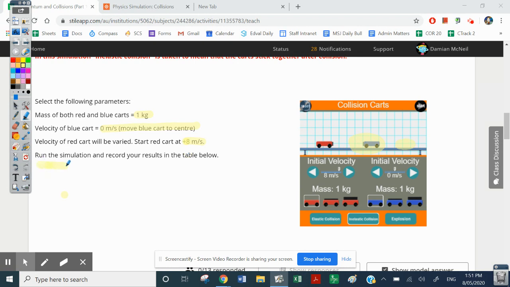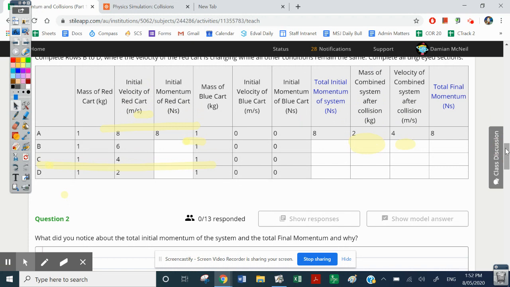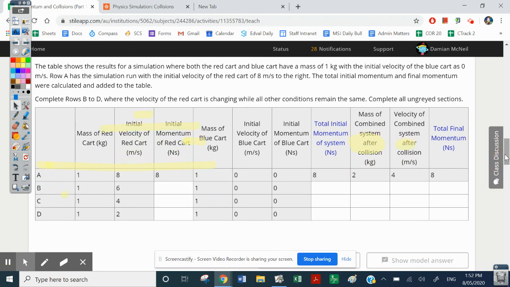So you're going to run the simulation and record everything in the table below. So here is the table that I need you to record it into. I've done the first line for you. So I've done line A in preparation for you.